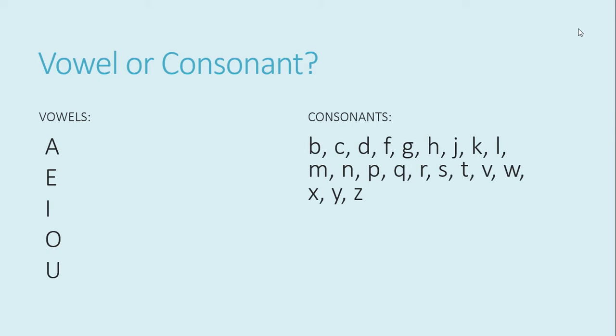So anything that is not A, E, I, O, U. So all the letters that you can see there are what we would call consonants. So we need to bear that in mind. We need to remember what we mean by vowel and consonants when we look at some of the strategies that we're going to talk about today.